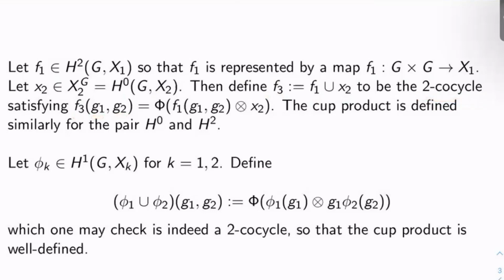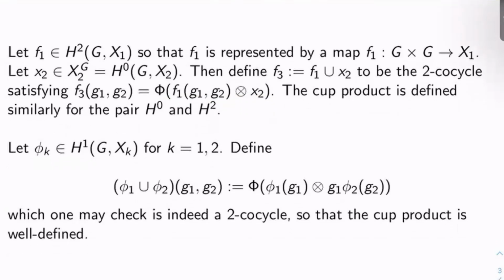Remember, F3 should be a map from G cross G to X3, and we'll define it to just be phi of F1(g1, g2) tensor x2. Okay, so this totally makes sense. This definitely lives in H^2(G, X3), and so the cup product is defined similarly for the pair H^0 and H^2, rather than H^2 and H^0. So I'll let you do that yourself.